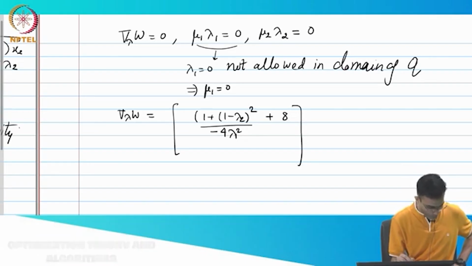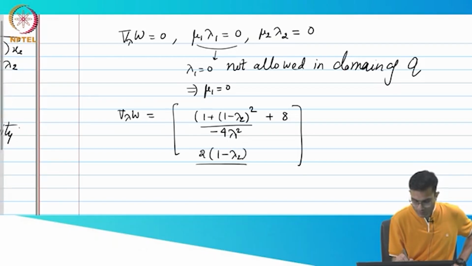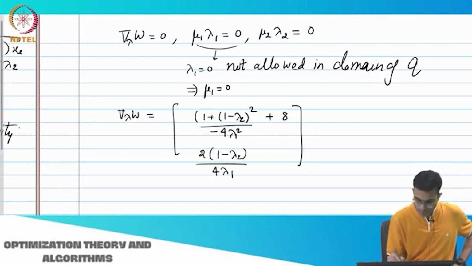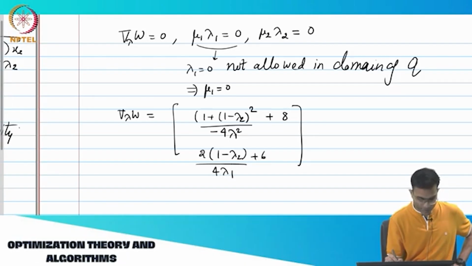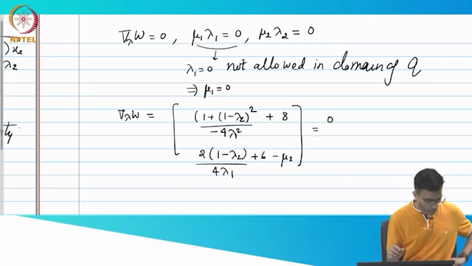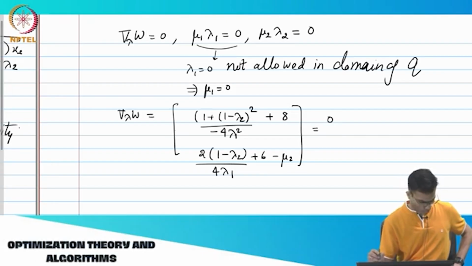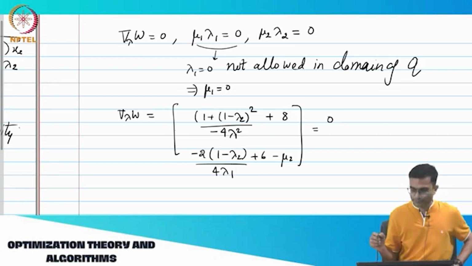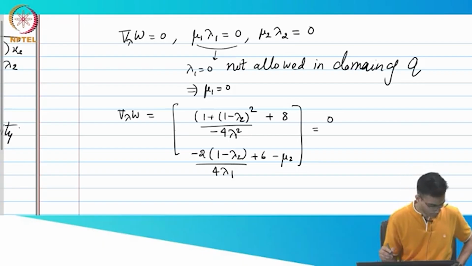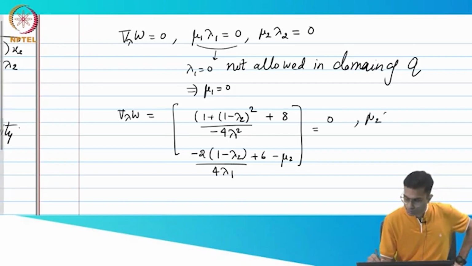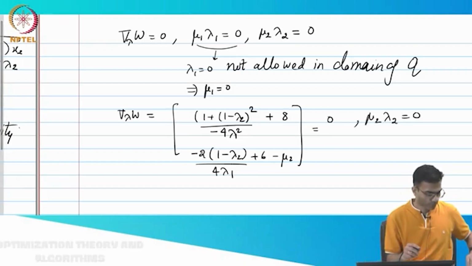With respect to lambda 2, what am I going to get? I'm going to get 2 (1 minus lambda 2) divided by 4 lambda 1 plus 6, what else? Minus mu 2. This should be equal to 0. And also mu 2 lambda 2 equal to 0, right?